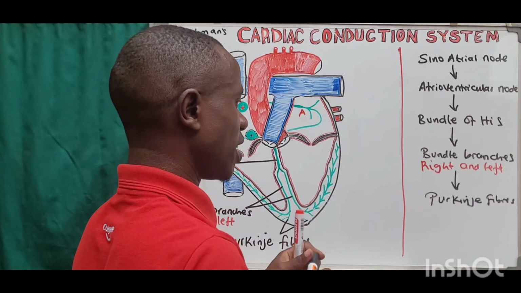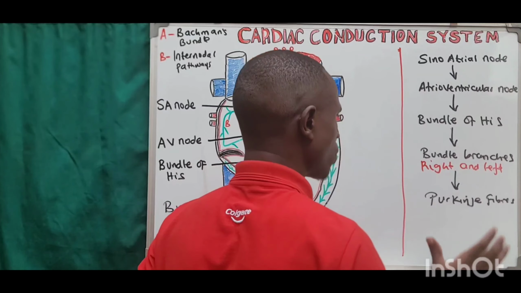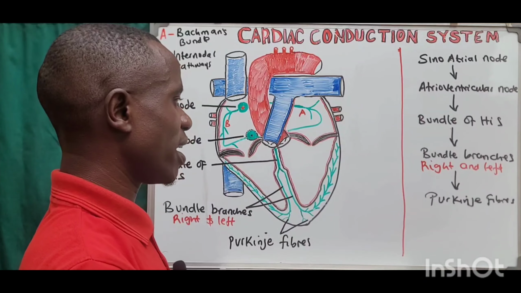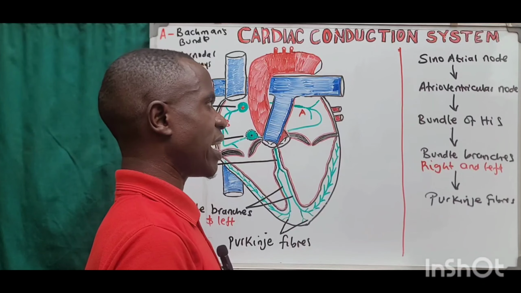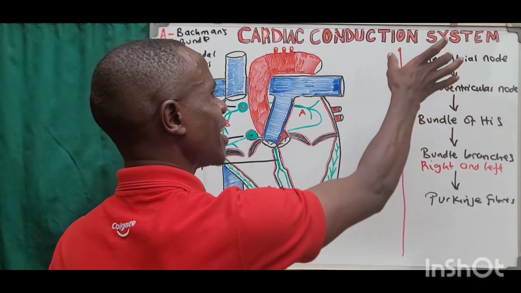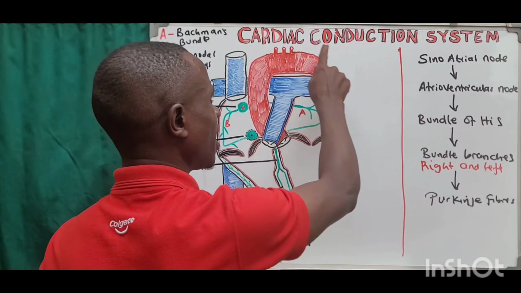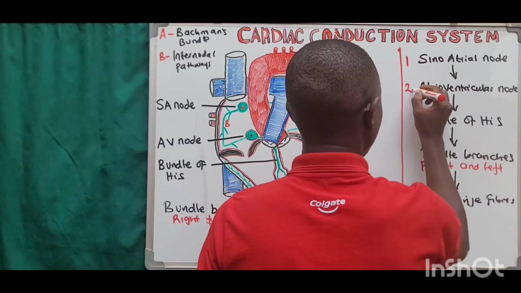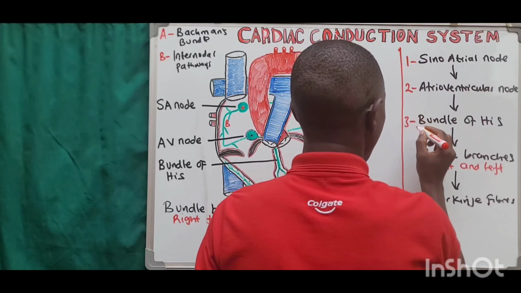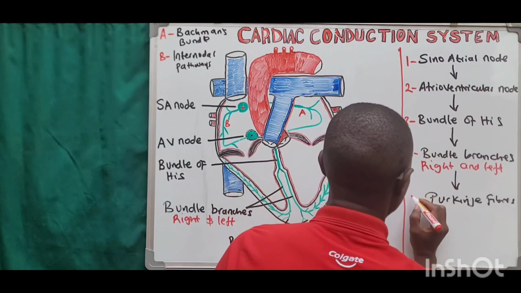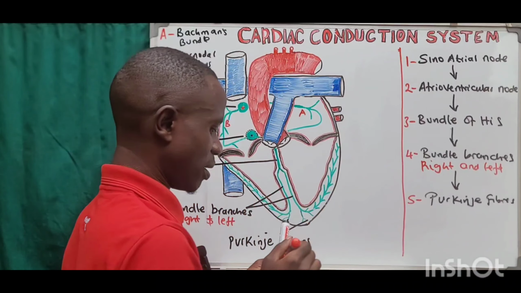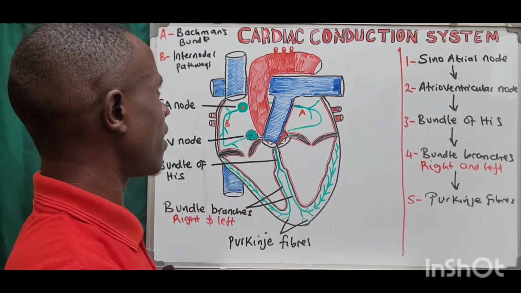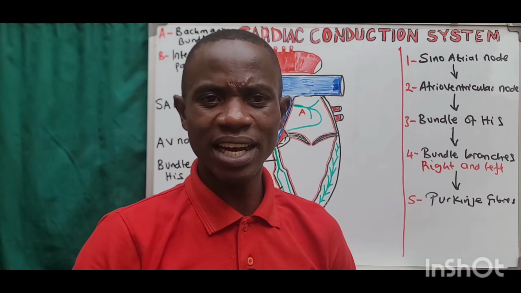Okay, and then once they reach the purkinje fibers, the ventricular myocardium will also contract and push out the blood. So now this is a step-by-step of what we call the cardiac conduction system. And the first step is this one, the second one is this, the third one, the fourth one, and this is what we call the fifth one. Okay, so now that briefly covers the cardiac conduction system.